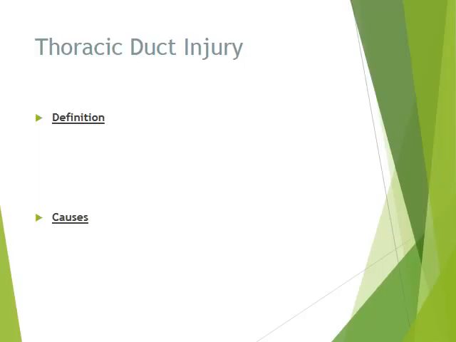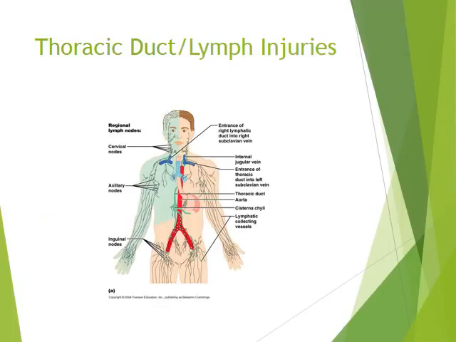Thoracic duct injury. Remember, in our chest wall is where the majority of our thoracic ducts and lymph nodes are. So an injury to that area can be caused, again, by radiation, by a stab wound, or by blunt force trauma.